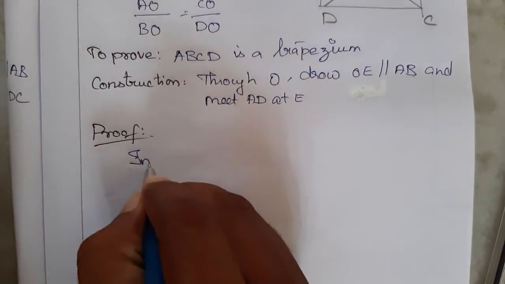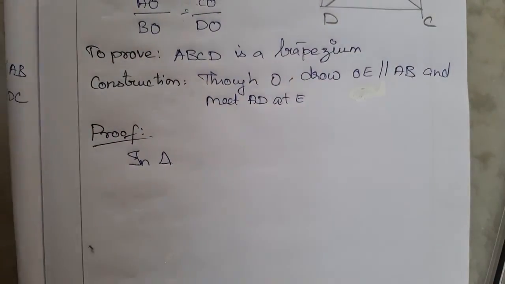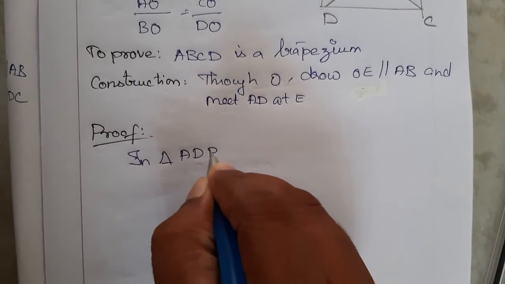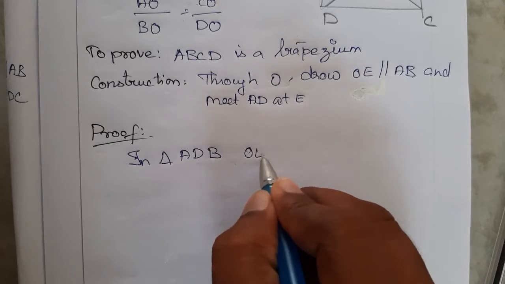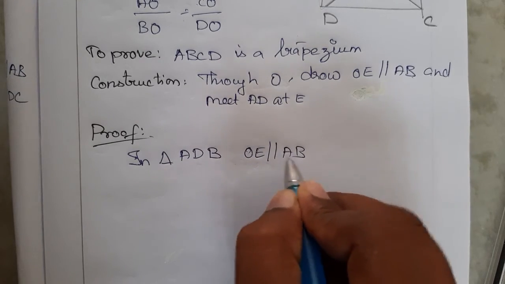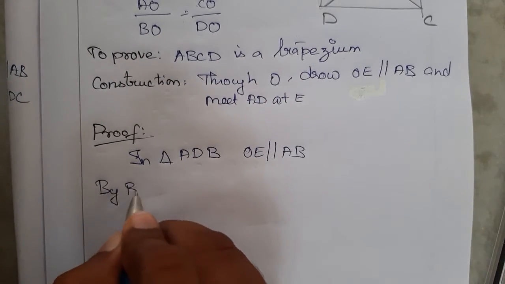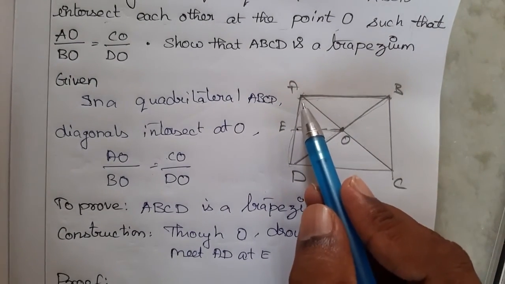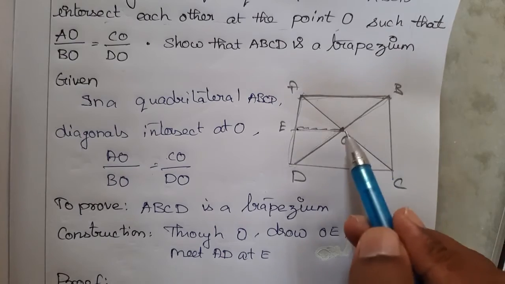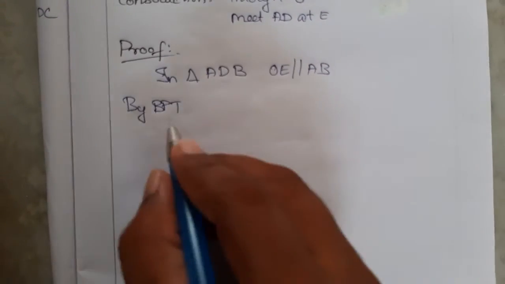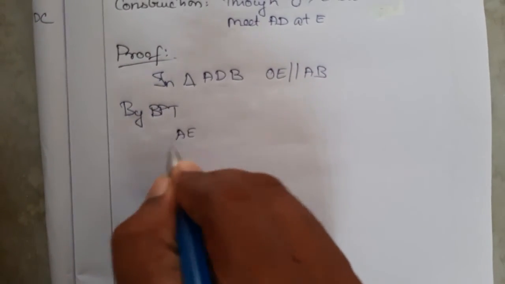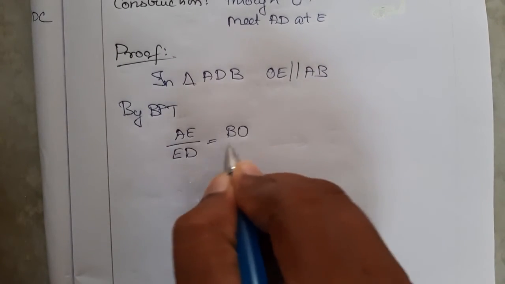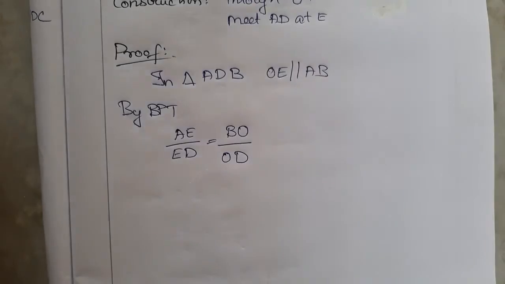So in triangle ADB, OE is parallel to AB. Then by BPT we can say that AE by ED is equal to BO by OD.